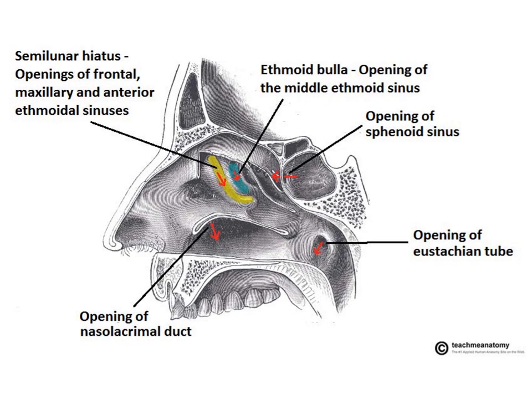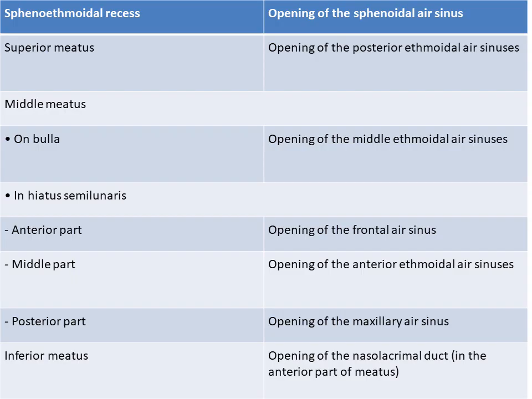While in the superior meatus, we have the opening of the posterior ethmoidal sinus, and in the sphenoethmoidal recess, there is the opening of the sphenoid sinus. In the inferior meatus, we have the opening of the nasolacrimal duct. Here's a summary showing all the openings.